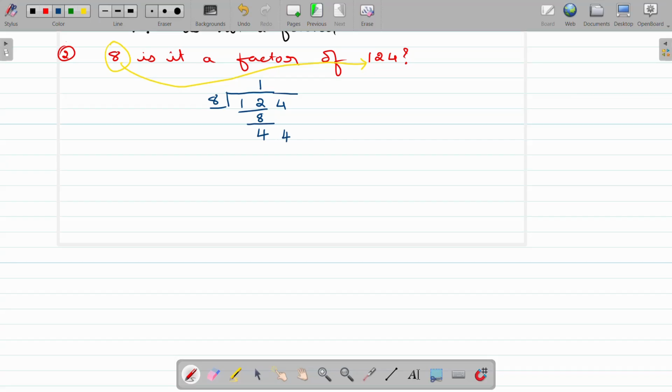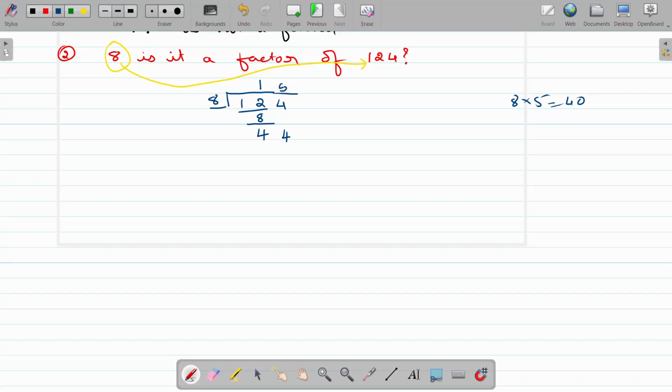Now again we have to count the multiples of 8. We have to take the nearest multiple to the number 44. 8 ones are 8, 8 twos are 16, 8 threes are 24, 8 fours are 32, 8 fives are 40, 8 sixes are 48. 48 is larger than 44, so we take 8 fives are 40.